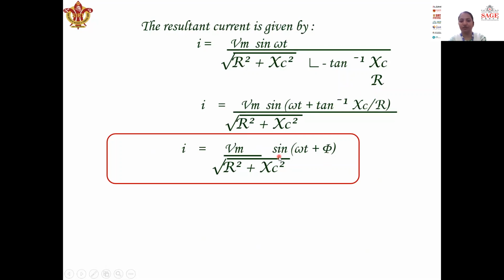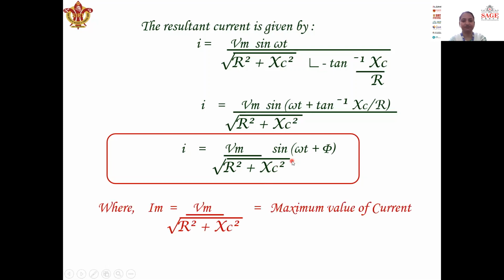So this would turn out to be I is equal to Vm by under root of R square plus XC square, sine omega t plus phi, where Im is the maximum value of the current, represented by Vm upon under root of R square plus XC square. So the formula would be I is equal to Im sin omega t plus phi.